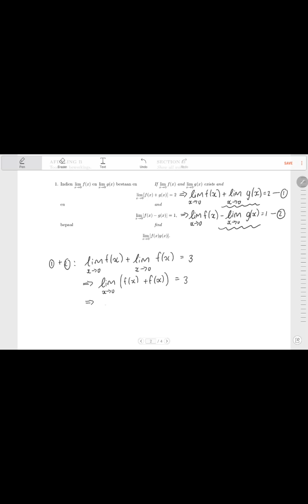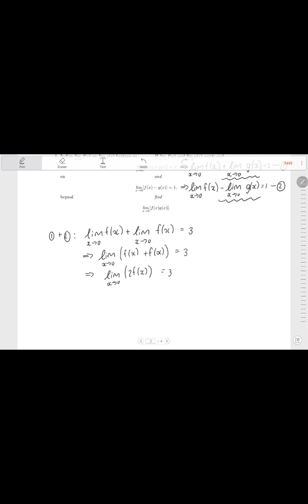This I can then write as the limit as x approaches 0 of 2 times f of x, and I can take the constant out in front of the limit. So it's 2 times the limit as x approaches 0 of f of x equals 3.